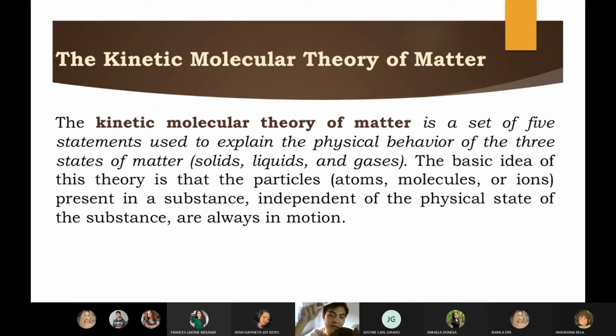Remember, lahat ng bagay sa mundo gawa sa atoms, gawa sa matter, 'di ba? Ibig sabihin nun, kapag yung matter mo gumagalaw, it corresponds to a certain phase of matter. Kunwari, steady lang siya, hindi siya gumagalaw, solid 'yon.